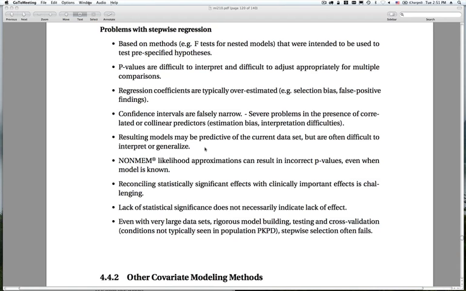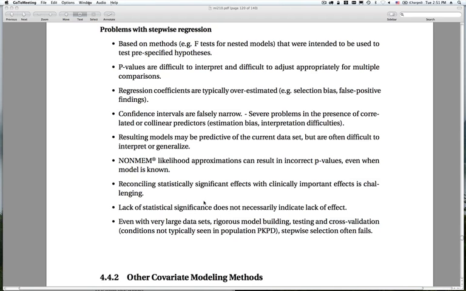Again, lack of statistical significance does not necessarily indicate a lack of effect, and that's because these studies are not powered for analysis of covariate effects. We're just taking whatever we get in the data set and looking for relationships. And without that adequate power, the lack of a statistically significant effect could very well be due to just a lack of information in the data and not necessarily a lack of a true underlying relationship.